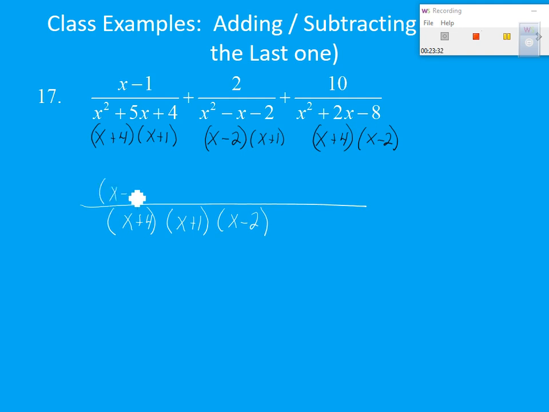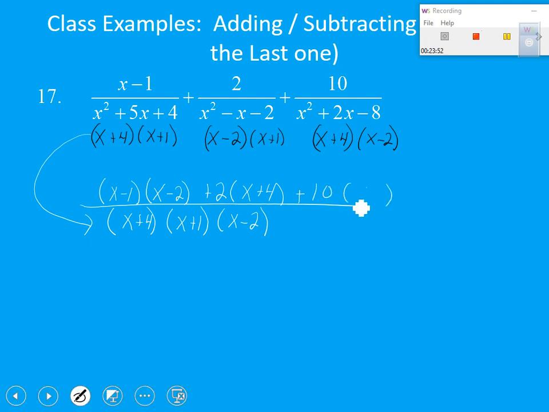To the x minus 1, I need to multiply by whatever's missing, which is x minus 2. To the 2, I need to multiply by whatever's missing, which is the x plus 4. And to the 10, it looks like I'm missing the x plus 1.